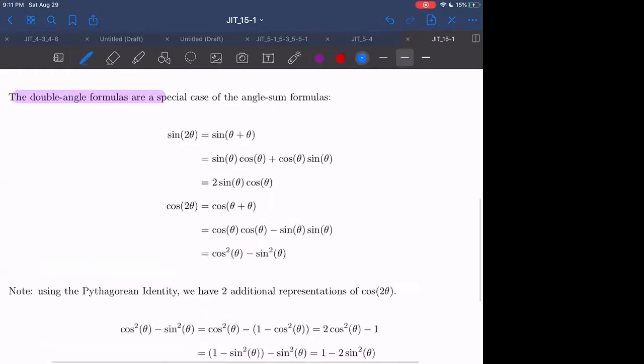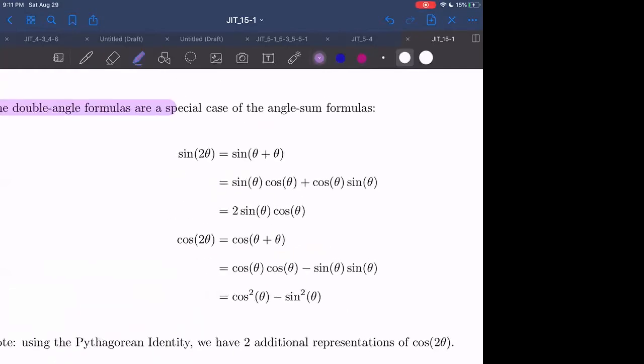So in this case, we're looking at sine of 2 theta, which is sine of theta plus theta, so that value repeated. We can use our angle sum formula, and we get that sine of 2 theta is equal to 2 sine of theta cosine of theta. Okay, and so that's our double angle formula for sine.